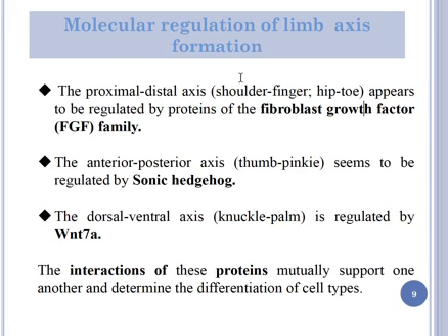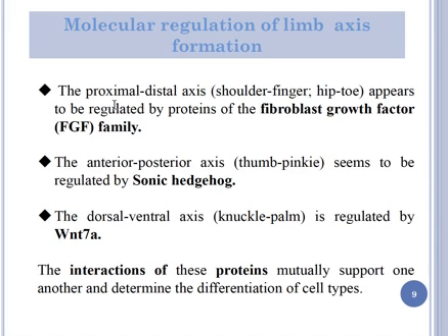This controls the proximal distal axis of growth, and we talked about this within the functions of the FGF, that it's important for the growth of the limbs according to the proximal distal axis. The second pathway is sonic hedgehog. It controls the anterior posterior axis, the thumb versus the pinky, the small finger. The dorsal ventral axis, the knuckle dorsally and the palm ventrally, is regulated by Wnt7a.